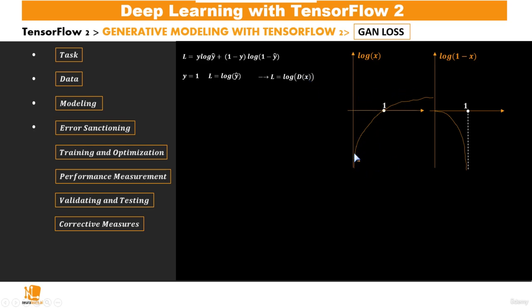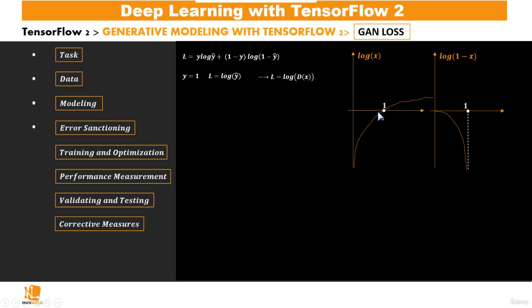The log function looks like this. And so when our input data is real, our aim is that the discriminator should output a 1. And once the discriminator outputs a 1, the log of 1 is 0. We can see clearly from here that when this loss is 0, we are at this point.